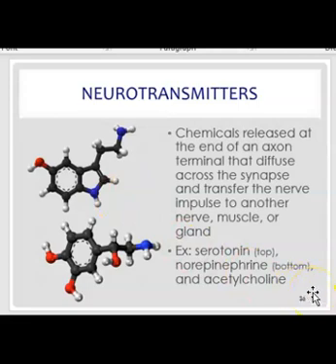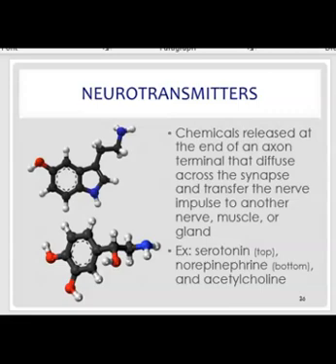Some examples of neurotransmitters are serotonin, norepinephrine, and acetylcholine, which is a big one. We're going to see acetylcholine being dumped in those synapses, causing a lot of different actions to occur. Serotonin primarily affects mood, social behavior, appetite, and digestion. Norepinephrine is both a hormone and a neurotransmitter, and it's responsible for your fight or flight response.